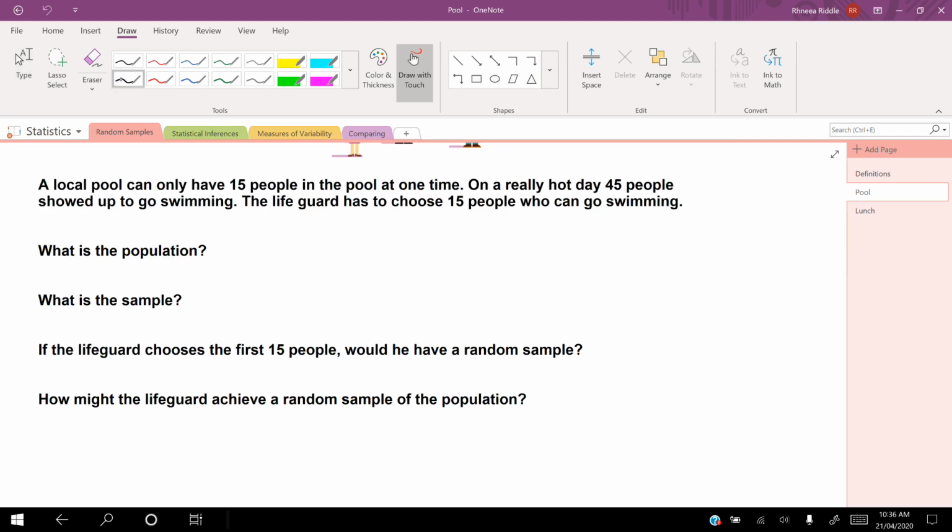Who is the population? So the population is going to be these 45 people, because that is the whole group: 45 people who want to swim.